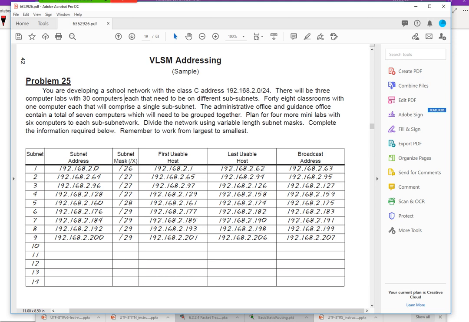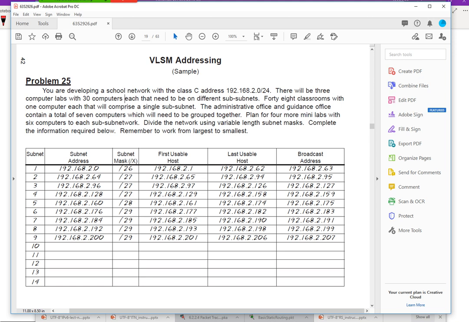An admin office and guidance office contain a total of 7 computers, which will need to be grouped together. Then plan for 4 more mini labs with 6 computers for each subnetwork, and divide the network using VLSM.